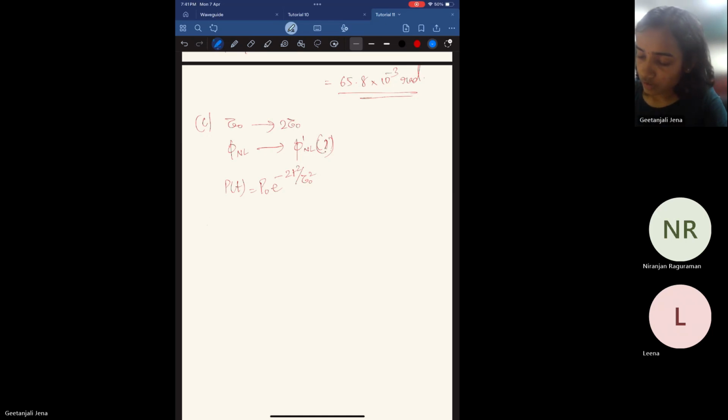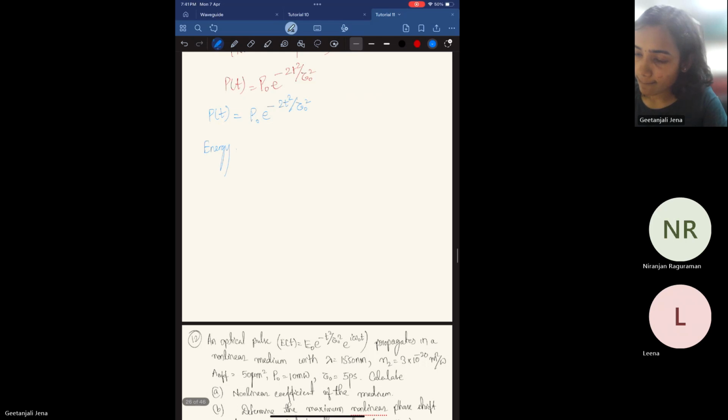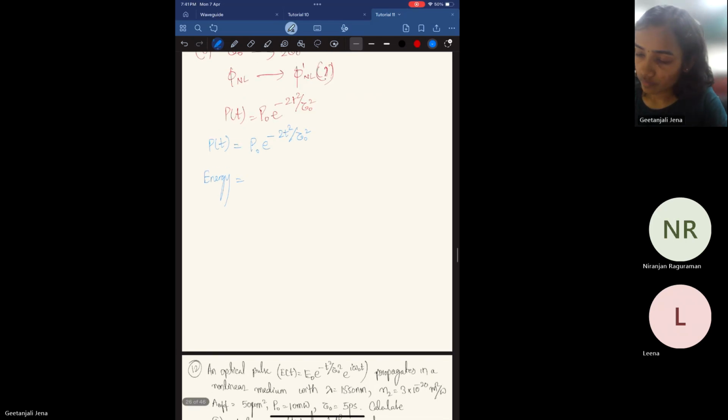So let us say we have the initial situation, where we have power P(t) is P0 e to the power minus 2t square by tau 0 square. So what will be the energy expression for this? Energy is nothing but the integration of P(t) dt, right?